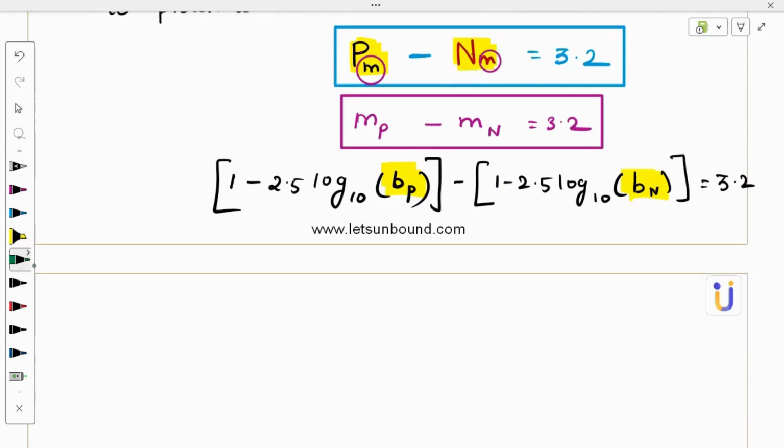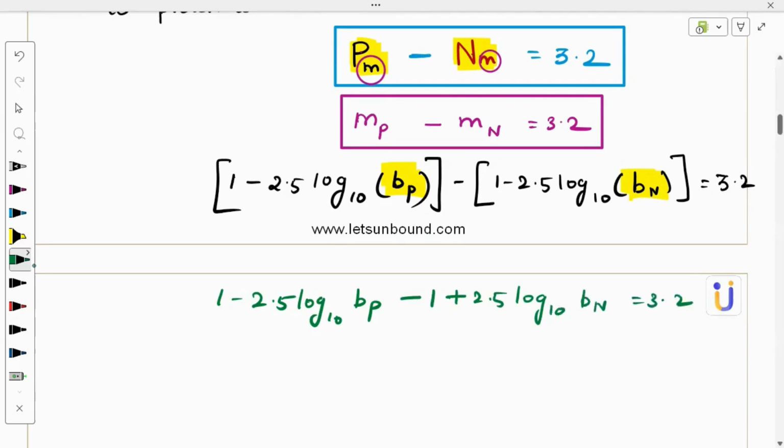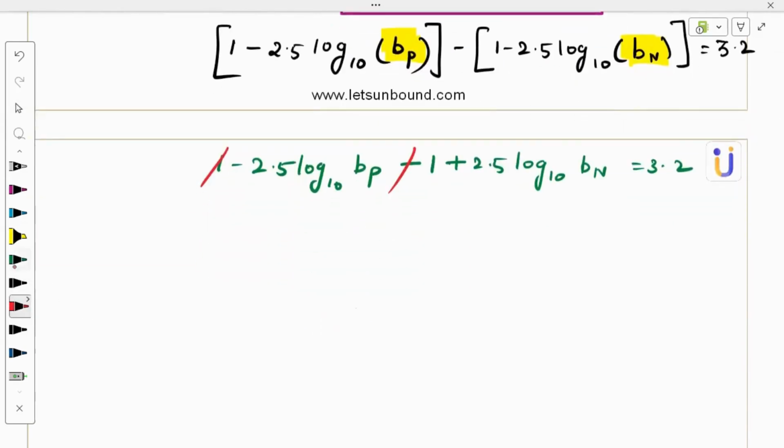Okay, let's go. So let's simplify 1 minus 2.5 log 10 brightness of P. You take the minus inside, minus 1 plus 2.5 log 10 brightness of Neptune equals 3.2. So here this plus 1 minus 1 will get cancelled. And I can take a 2.5 common out. We can't cancel the logs. Brightness of Neptune and brightness of Proxima Centauri is different.